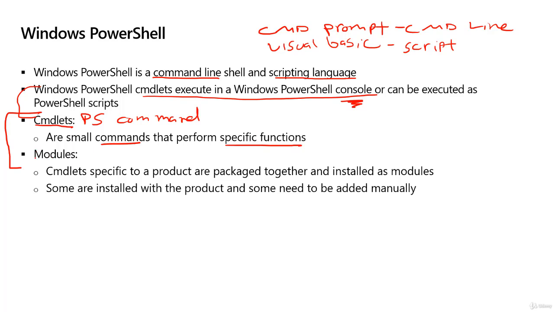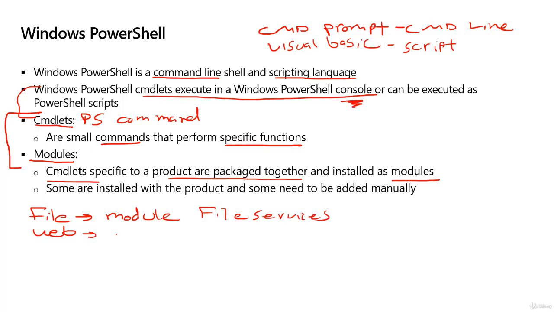Commandlets are actually contained within modules. A module in PowerShell is a group of commandlets for a specific product that are just packaged together in these modules. Now, an example of this, if you wanted a file server, a web server, anything like that, when you go through and you install the file services role on your server, it actually loads the PowerShell module for file services.